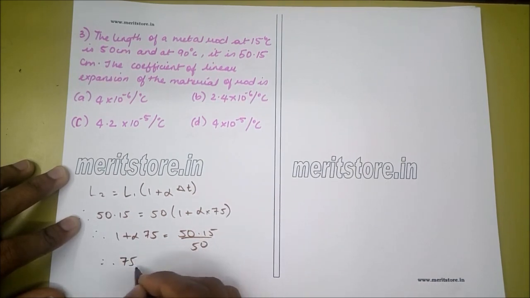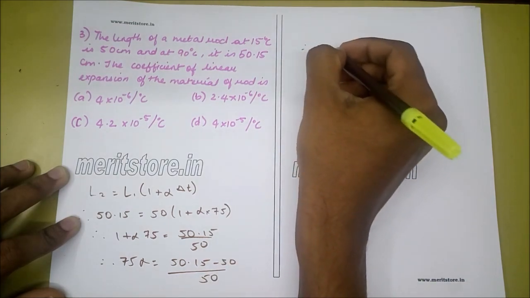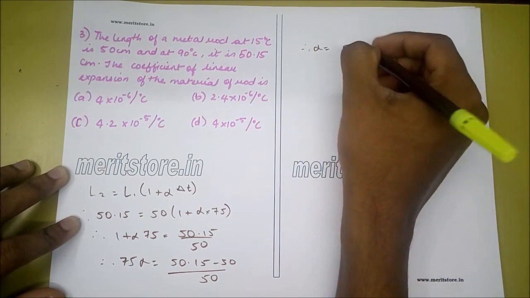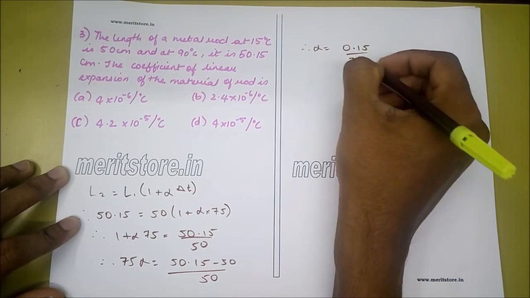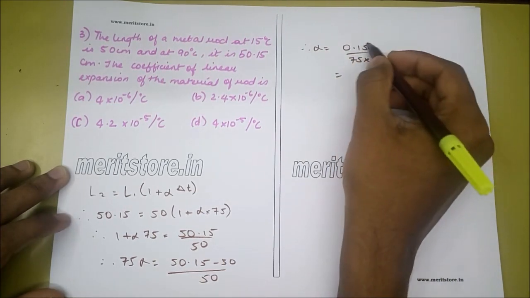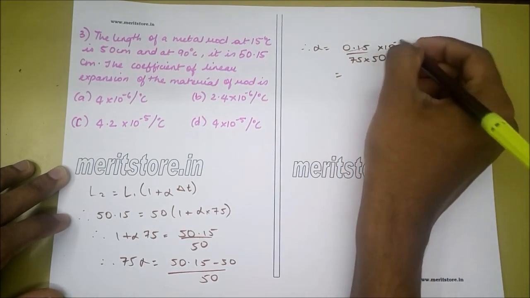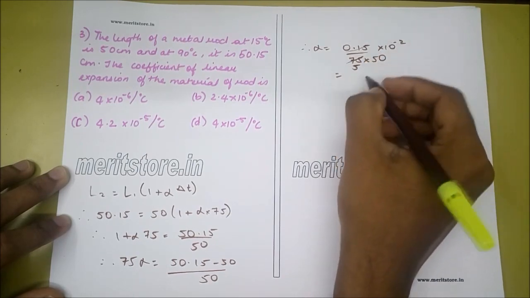So 75 times alpha is equal to (50.15 minus 50) upon 50. So alpha is equal to 0.15 upon (50 into 75). So this again comes out as, let's say, 10 raised to minus 2, since 15 fives are 75.